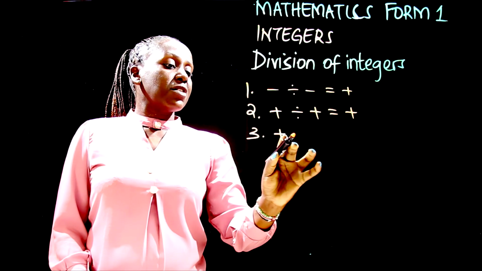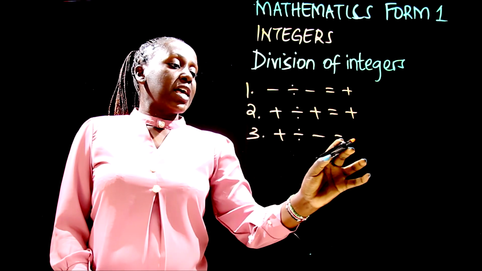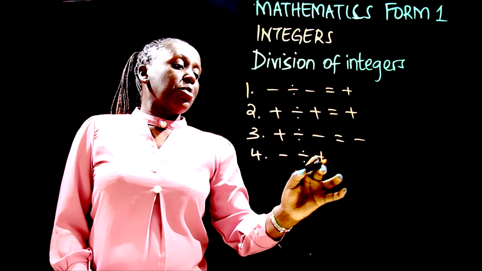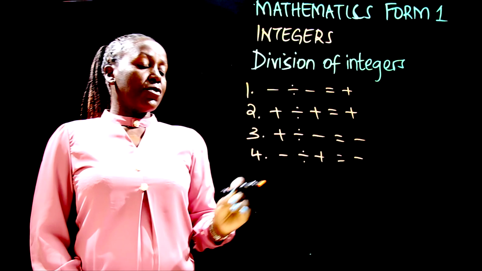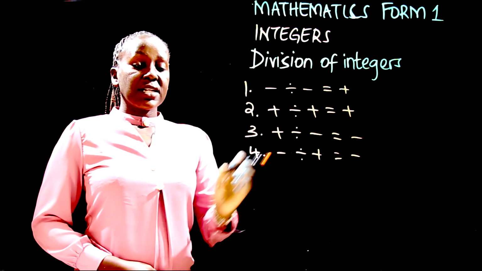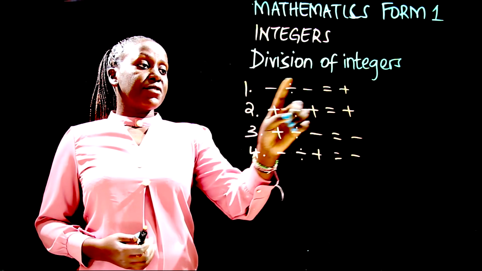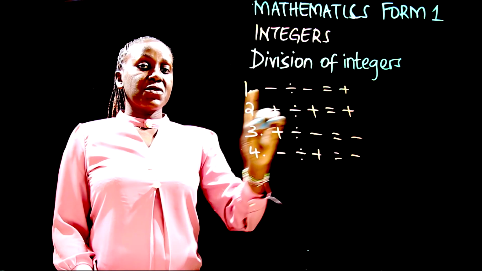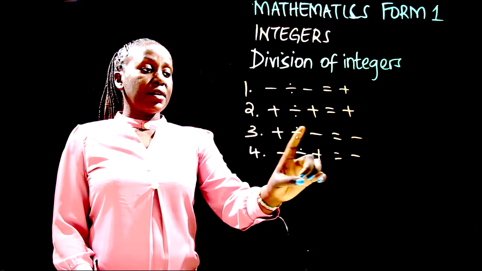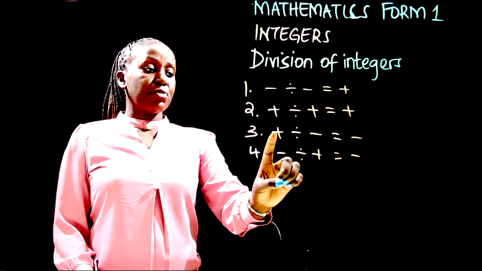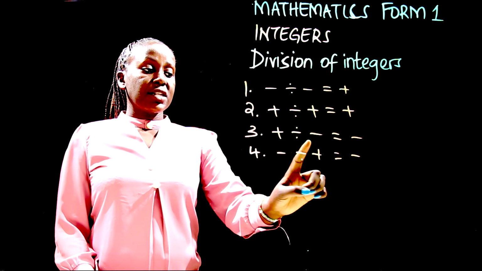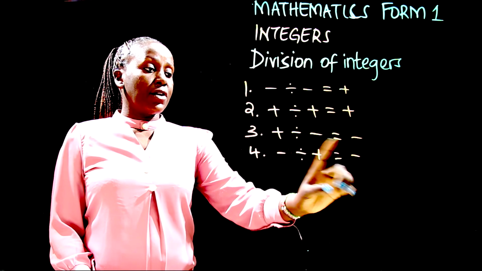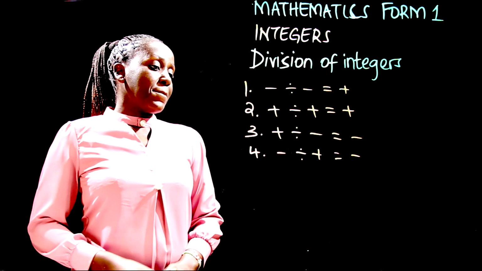Then positive divided by negative is a negative, and negative divided by a positive is a negative. So when you have two signs that are the same, negative and negative gives you a positive, positive and positive gives you a positive. But when the signs are different, positive and negative, negative and positive, you get answers that are negative. So let us look at some examples.